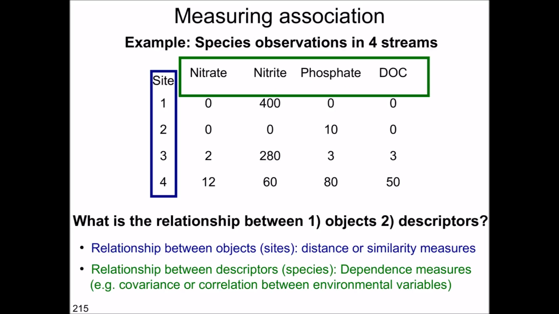By contrast, if we look at environmental variables, we are, as mentioned before, more interested in the relationship between descriptors, and we use dependence measures such as the covariance or the correlation between environmental variables.